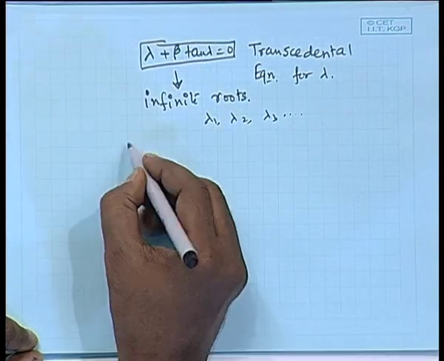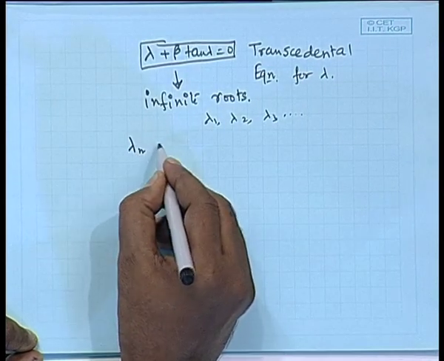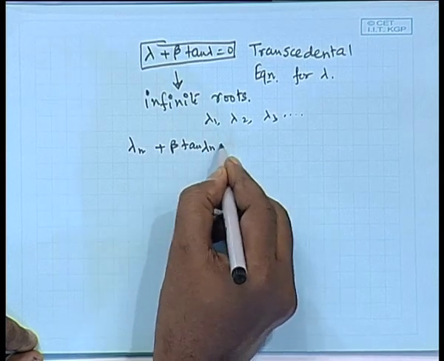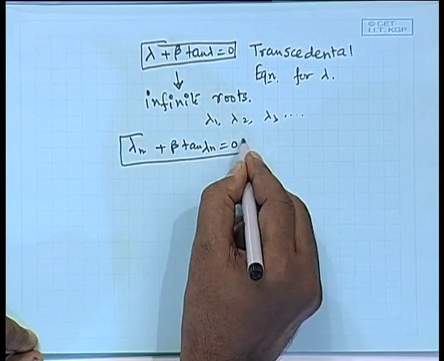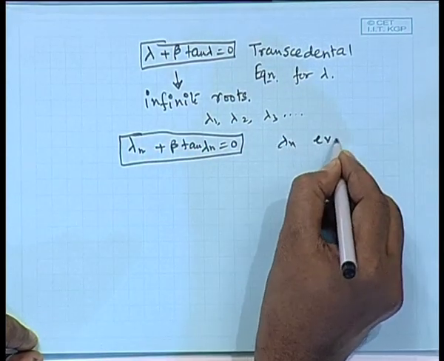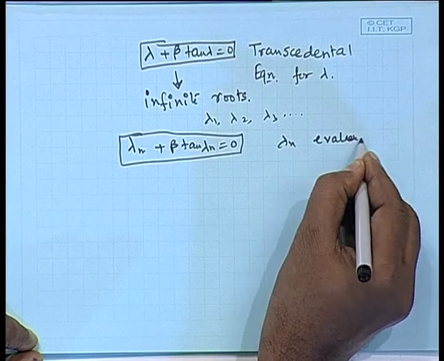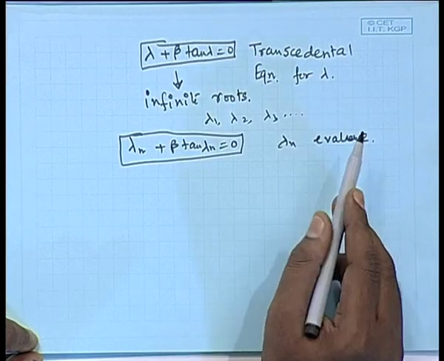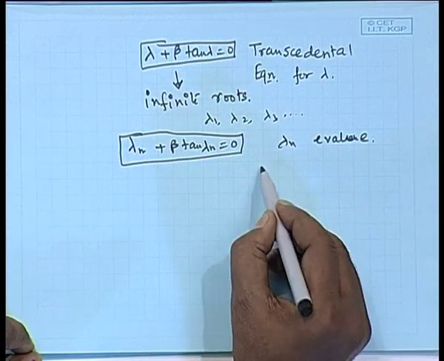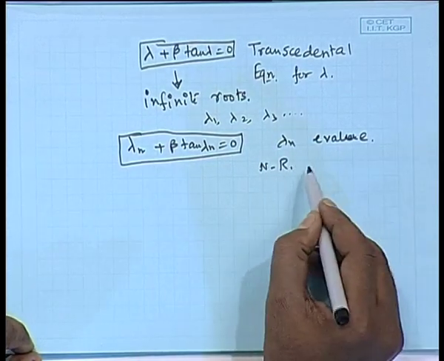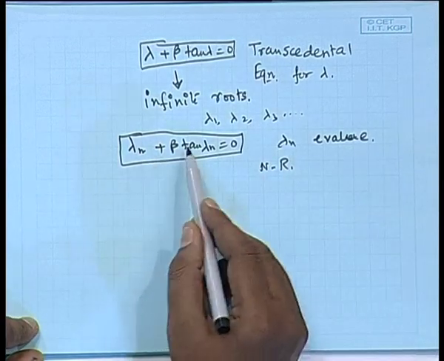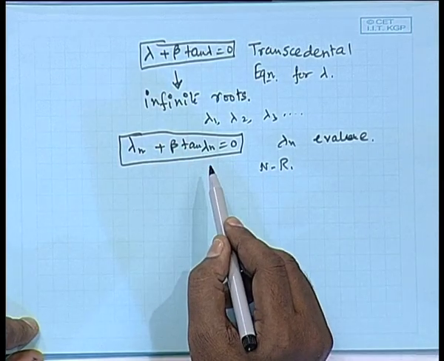So lambda n is the, let us say, nth root. So lambda n is the eigenvalue, nth eigenvalue, which is basically the root of this equation. Now you can use Newton-Raphson algorithm or any search algorithm to get the root of this equation numerically.